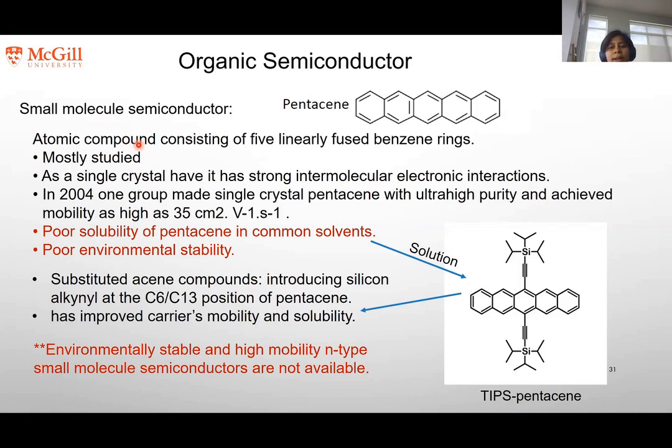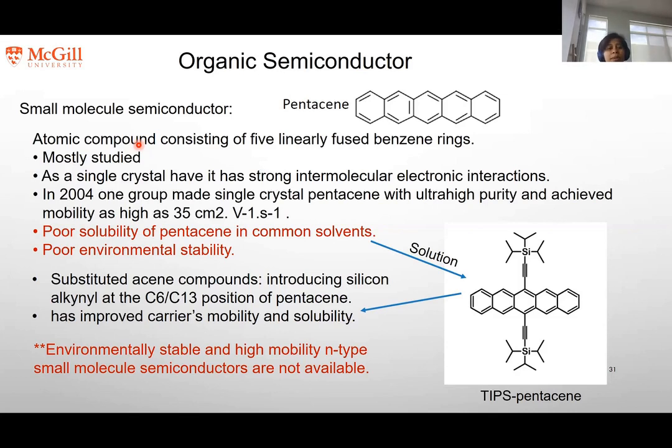People have shown that if you do the right processing, you can actually make single crystals out of it. And one group has shown that they can achieve a mobility of around 35 centimeters squared per volt per second with pentacene.